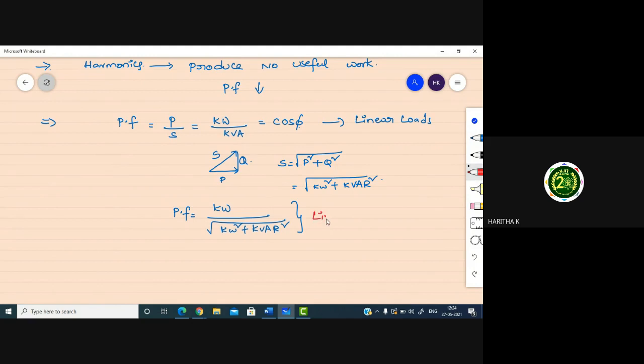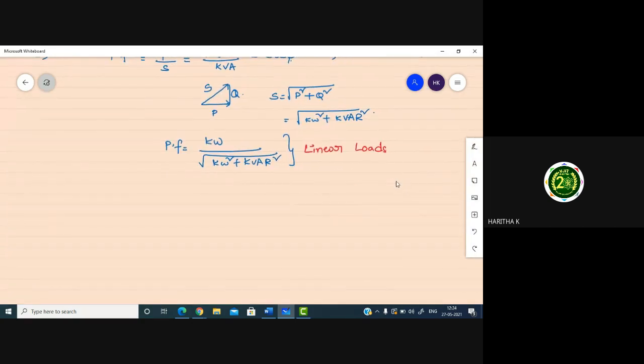Then what is going to happen in case of non-linear loads? I'm drawing the same power triangle for non-linear loads.